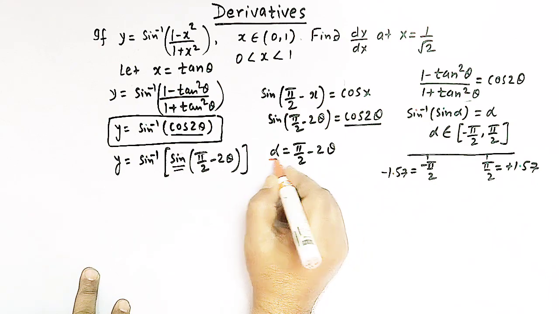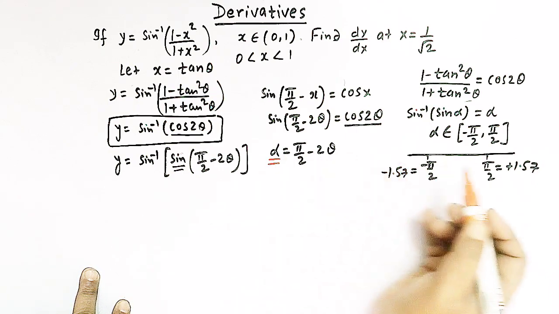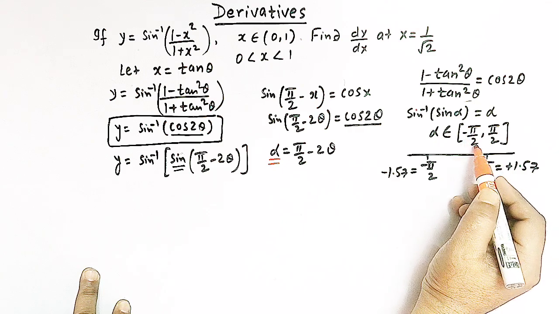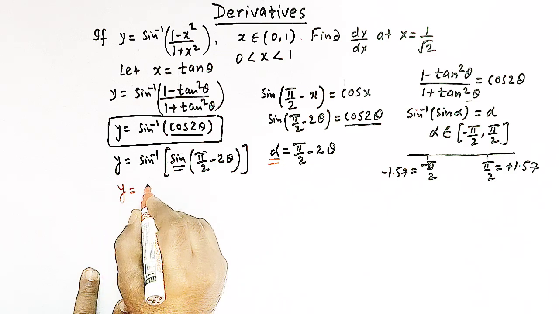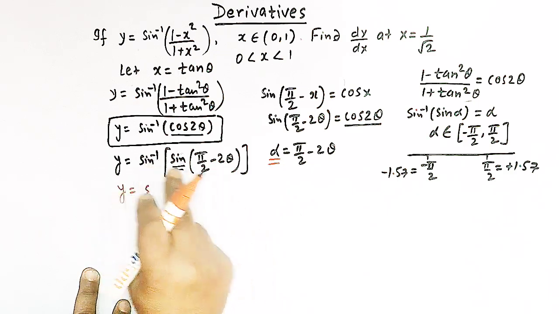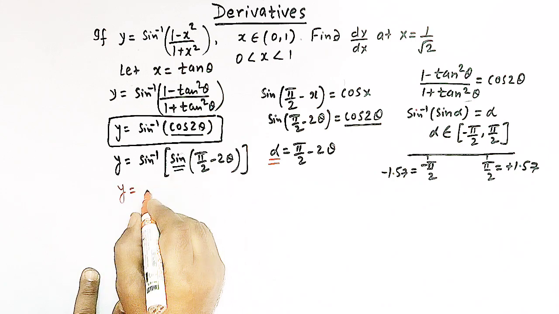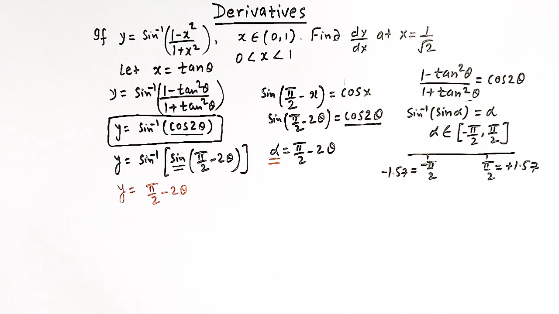Now this alpha, pi by 2 minus 2 theta, must belong to the interval minus pi by 2 to pi by 2, because only then can we write sine inverse of sine of (pi by 2 minus 2 theta) as pi by 2 minus 2 theta.